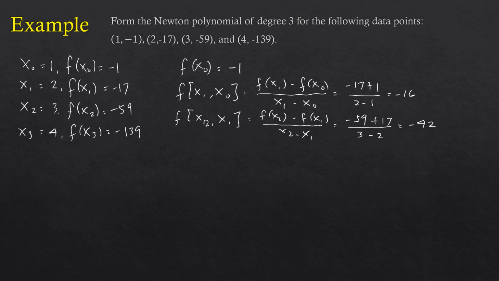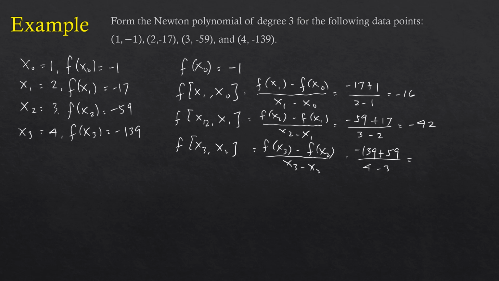Then we proceed to f of x3, x2. That is f of x3 minus f of x2 all over x3 minus x2. f of x3 is negative 139. f of x2 is negative, so minus negative 59 all over 4 minus 3.